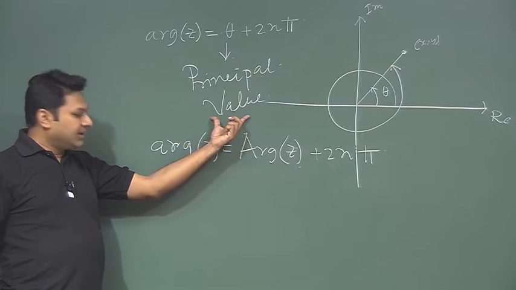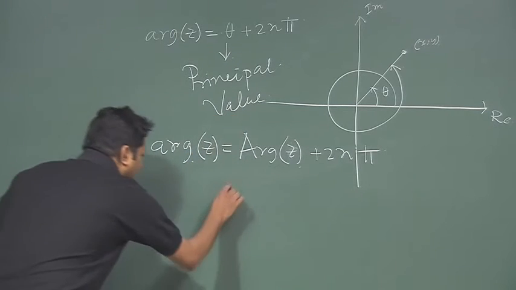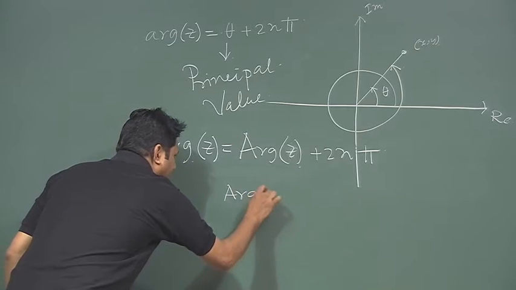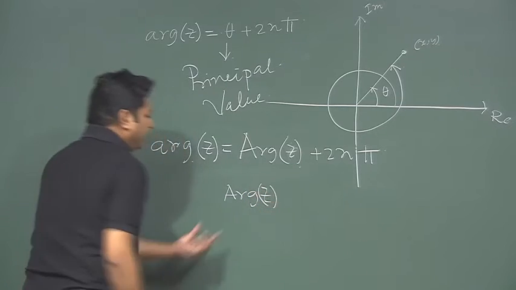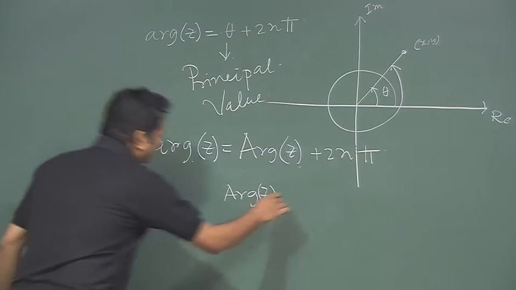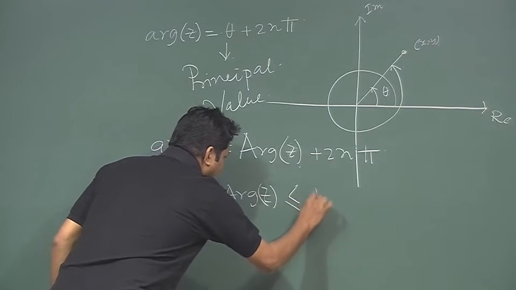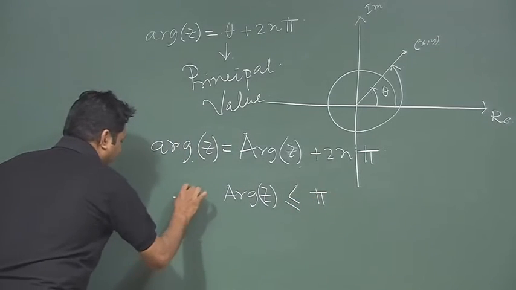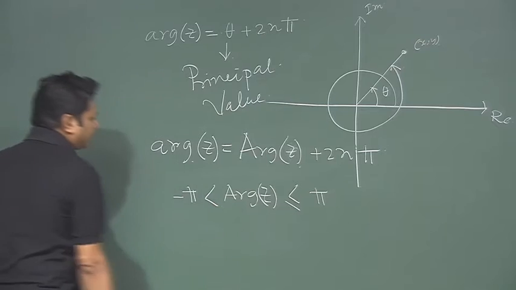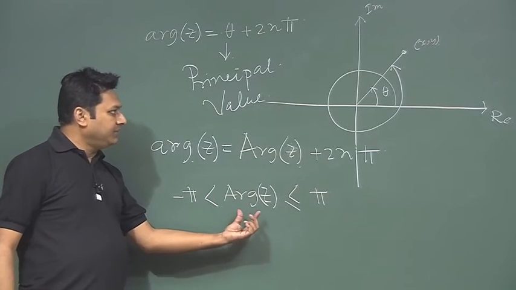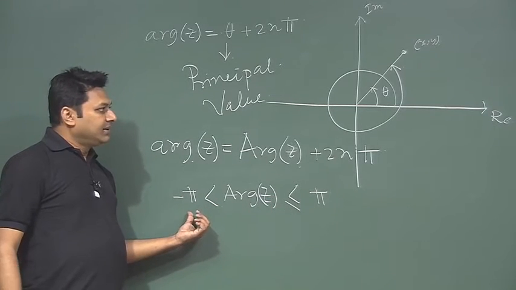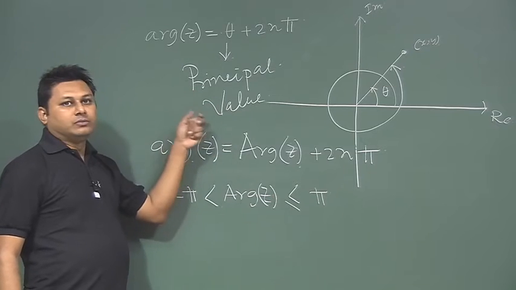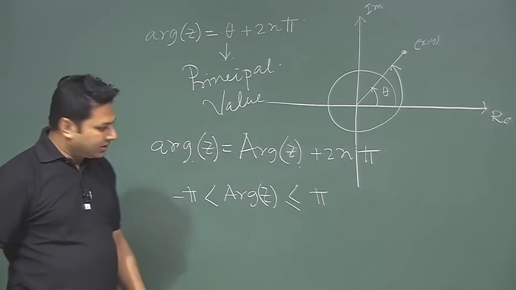But there is a limit. What is the limit? The big Argument of z, which is the principal value, should lie between minus pi and pi. This is the limit. If theta is in between this, then we call it the principal value. Let us check a few cases.